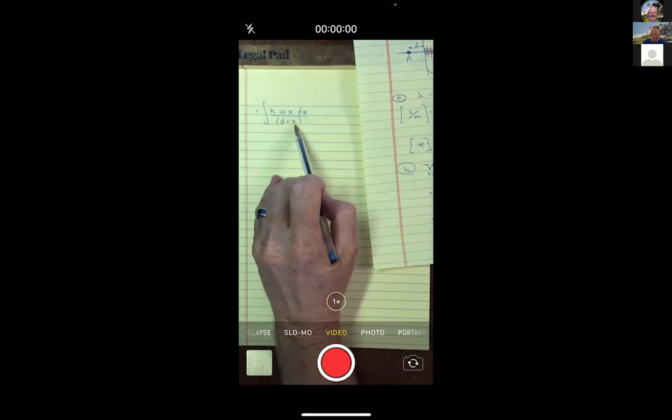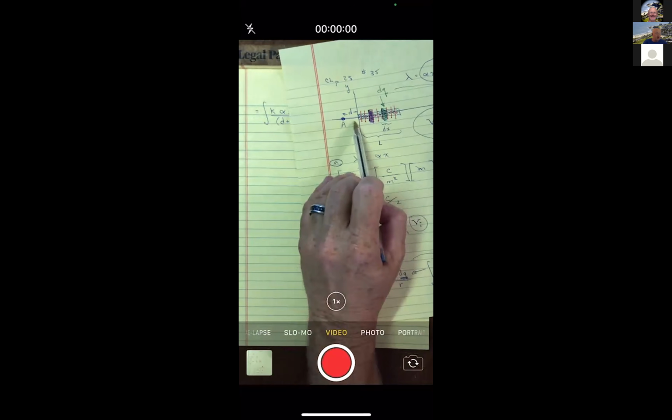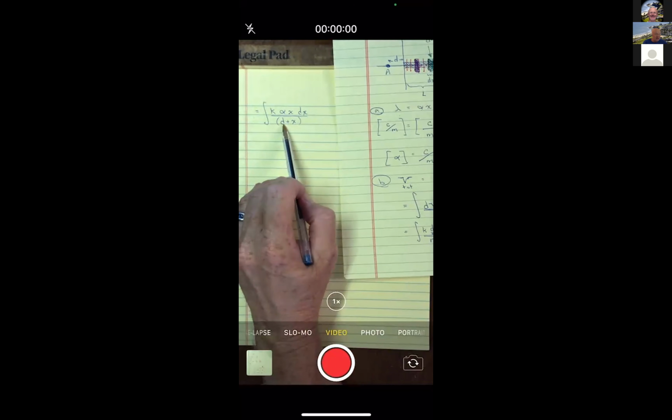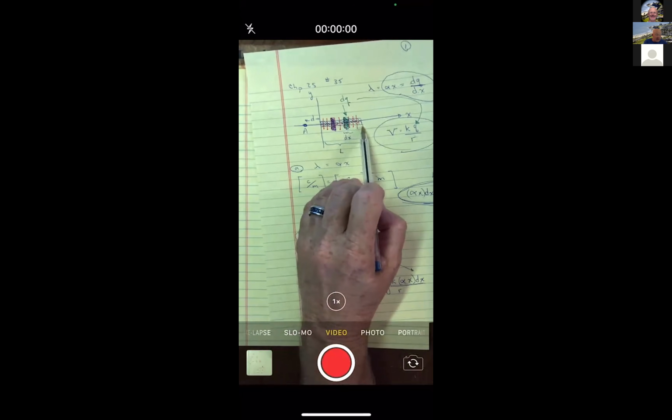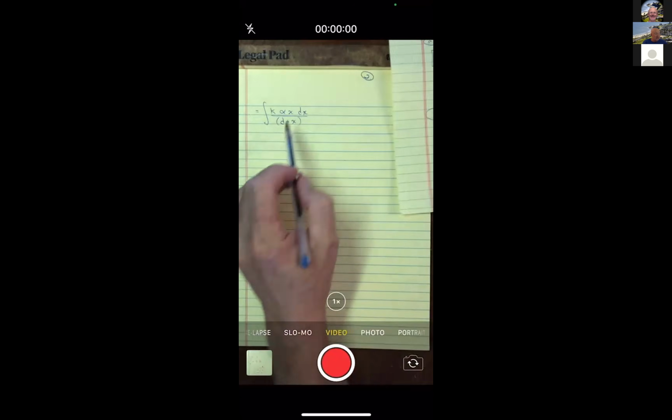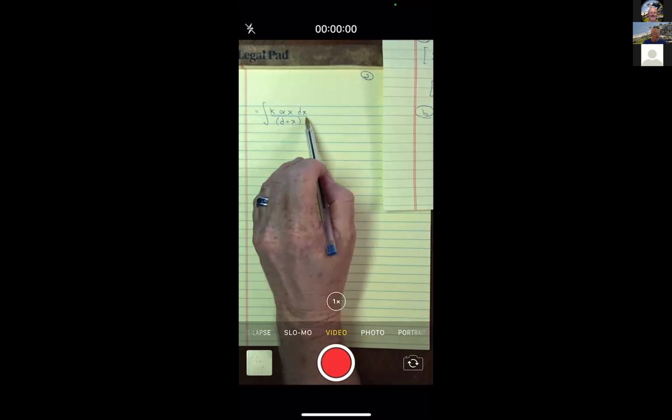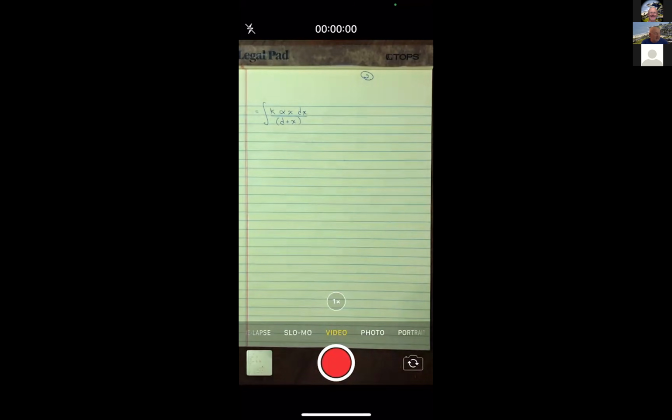So starting at 0, the first little chunk of charge would be a distance of d, and then you would be adding up these chunks of charge until you got to the last one, which was at x equaling L. And so your distance away would be d plus L for the last one. And so that is our calculus.